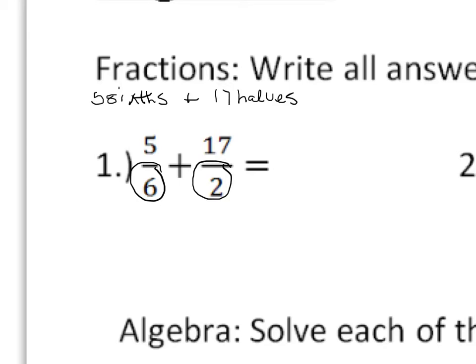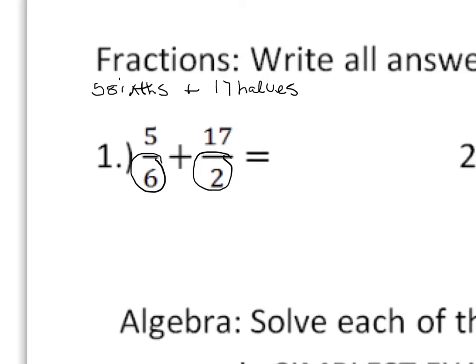Okay, sixths and halves are not the same unit, so we've got to do a conversion of units. When we're converting units, we don't want to change the overall value. So we look at our fractions and say, this one has 6 on the bottom, and the one on the right has 2 on the bottom.